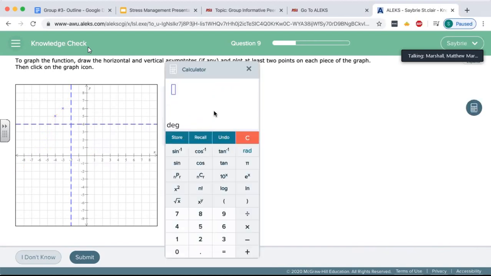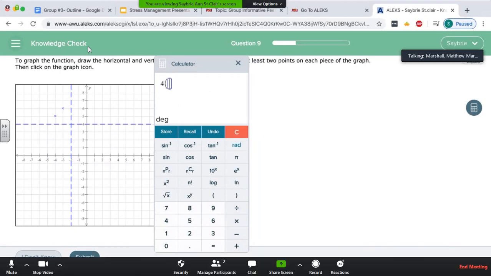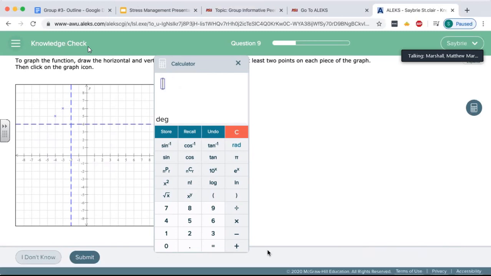Alright, let's do back to calculator. Let's go 4. And then remember, you got to hit that division button though first. So 4 times negative 1 plus 6. On the bottom, negative 1 plus 2. Yep.